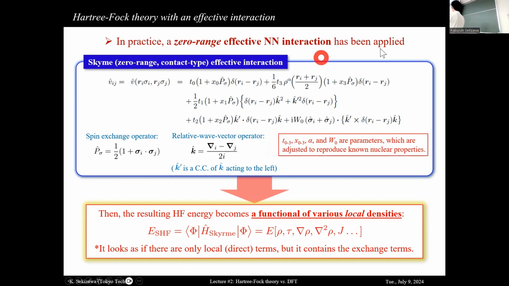Historically, we started with the zero-range contact Skyrme interaction, which contains delta functions. Because of this, the Hartree-Fock equation ends up being a local equation. We can also describe the total energy, the expectation value of the Hamiltonian, as a functional of various kinds of densities.